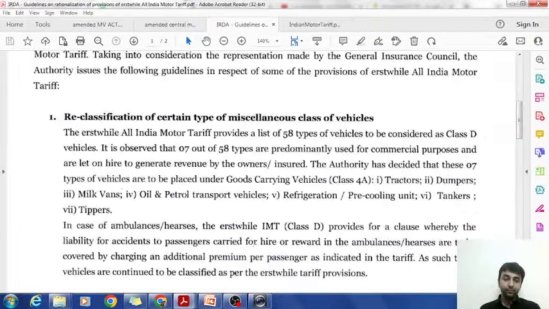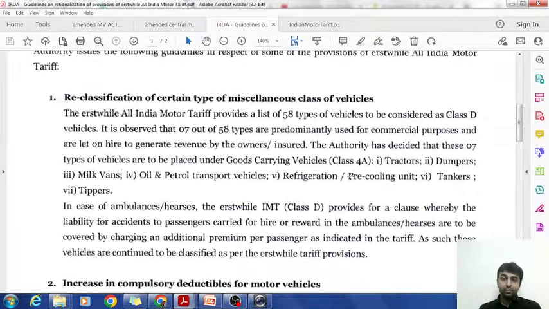These are the 7 vehicles which are now categorized as commercial purpose vehicles. Out of 58, these 7 vehicles are moved from miscellaneous to the commercial category. They are tractors, dumpers, milk vans, oil and petrol, refrigeration vehicles, pre-cooling unit, tankers and tippers.